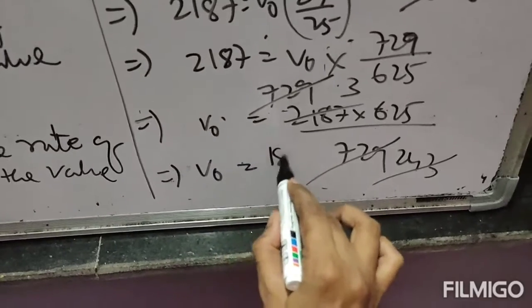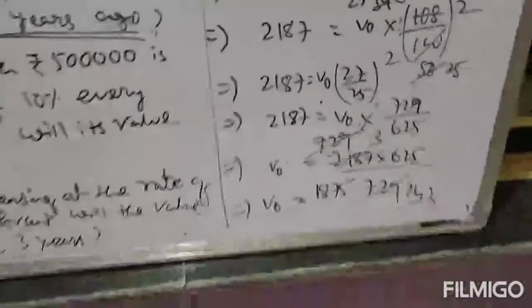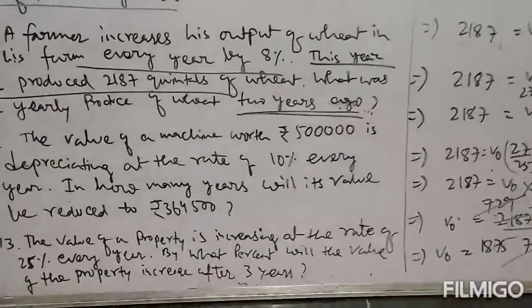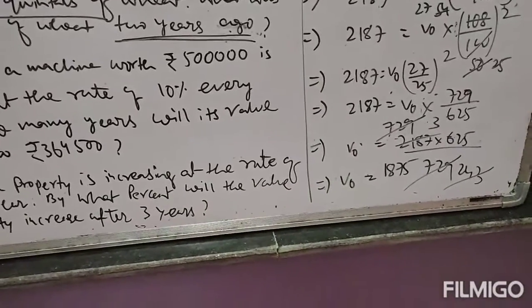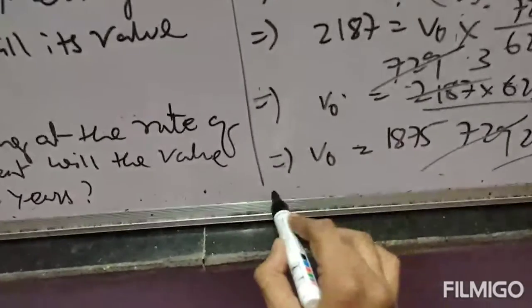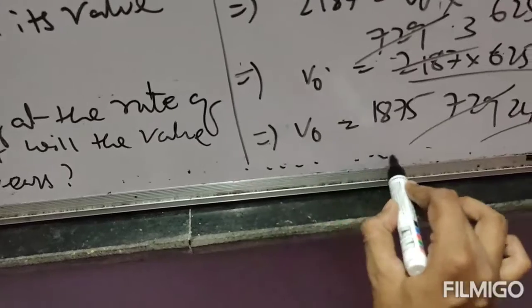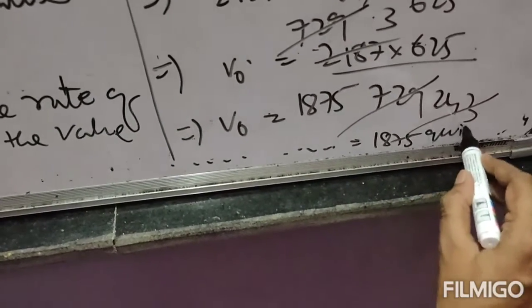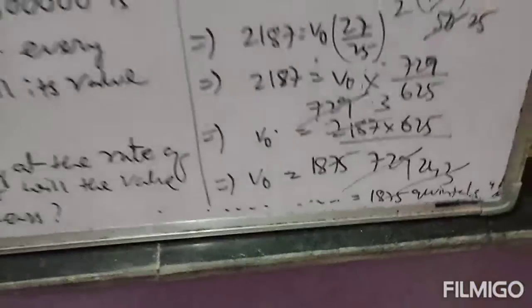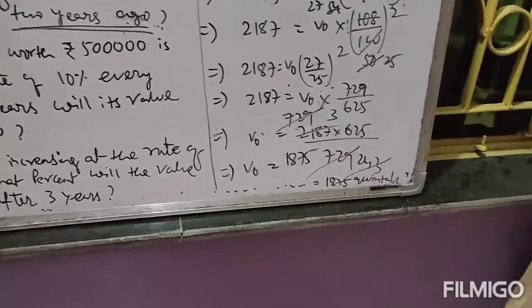Your answer will be 1875. That means the production of wheat 2 years ago equals 1875 quintals. This is your answer, 1875 quintals. Question number 6 complete.